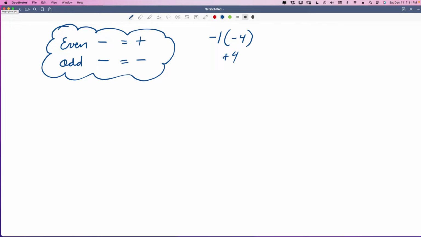All right, so let's look at the next problem that they have for us. So here's one right here. Oh, they're giving us a whole bunch of negatives now.